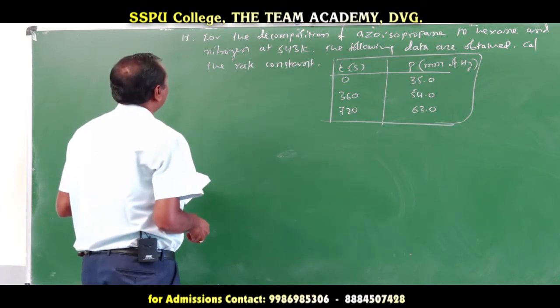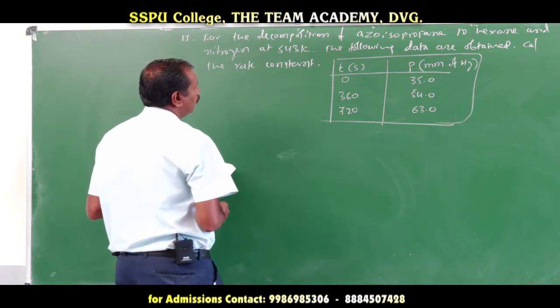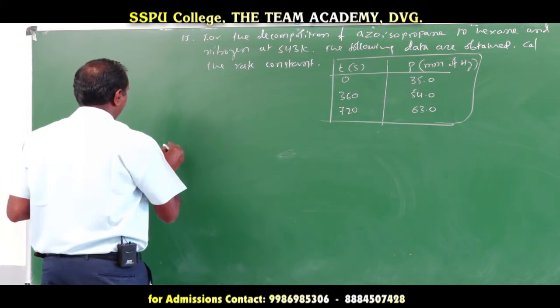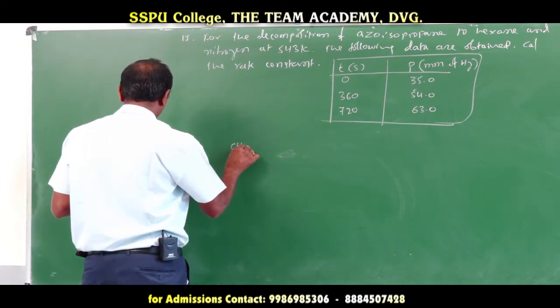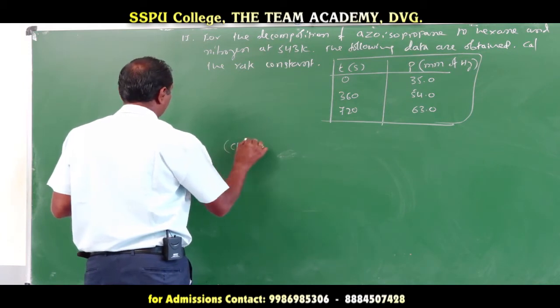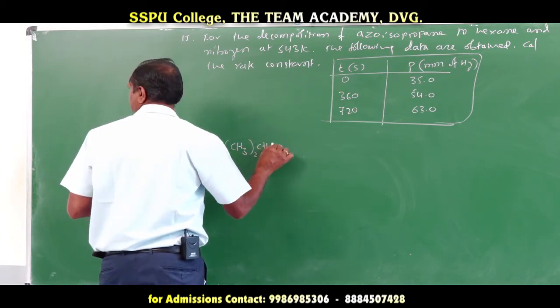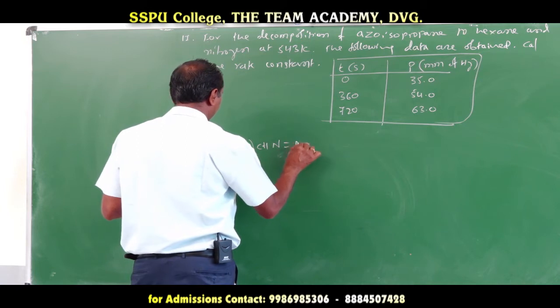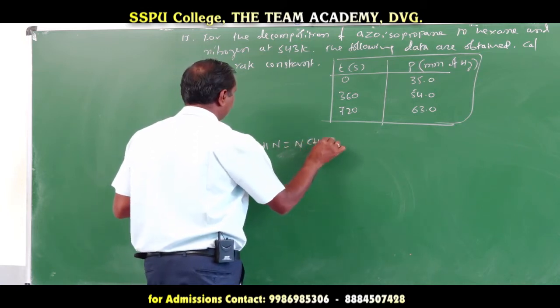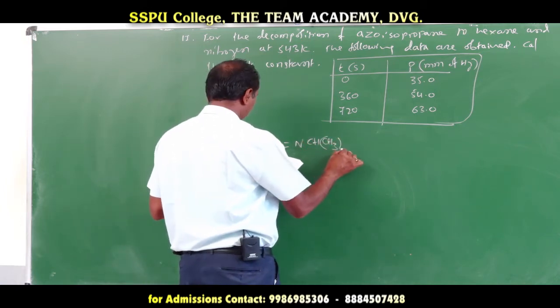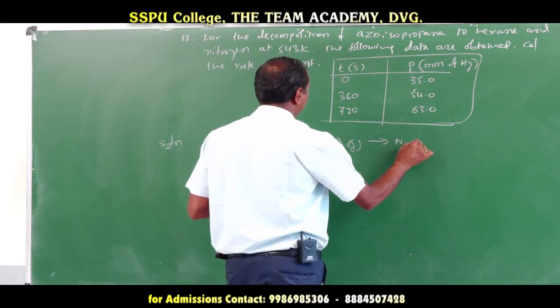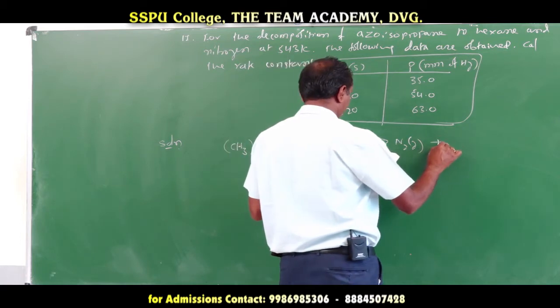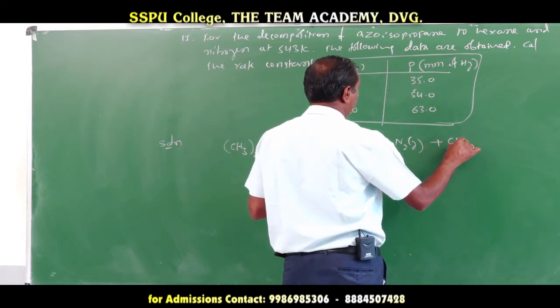First let us see the decomposition of azoisopropane, that is (CH3)2CHN=NCH(CH3)2 gas, which becomes N2 gas plus C6H14 gas.